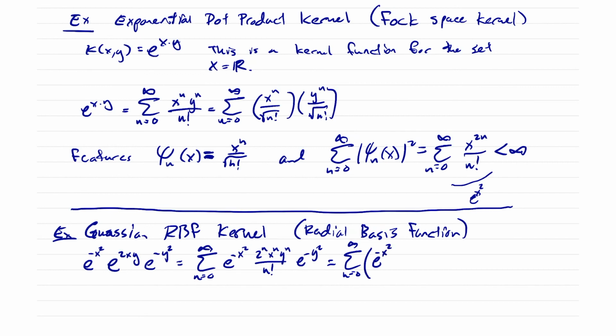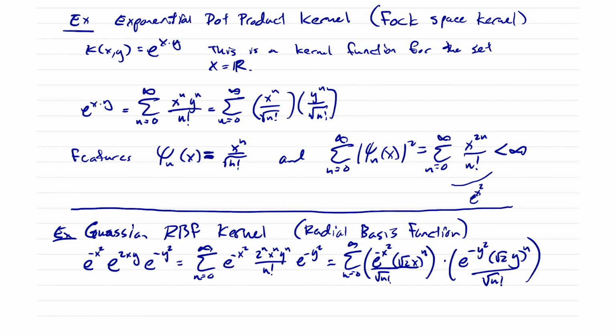Now let's split this into a whole bunch of little bits. So we have square root of 2 times x to the nth power over square root of n factorial, and this multiplied by e to the minus y squared times square root of 2 y to the nth power over square root of n factorial.